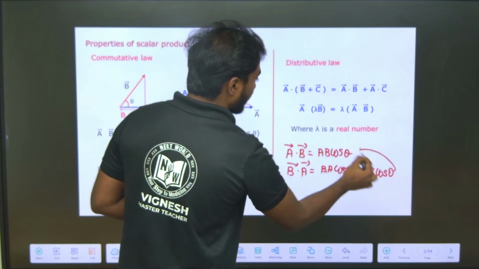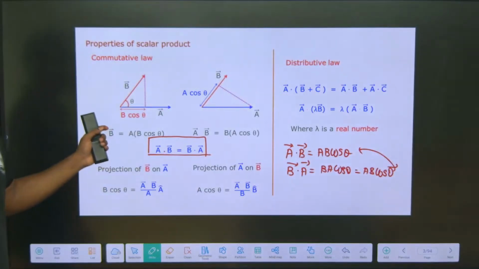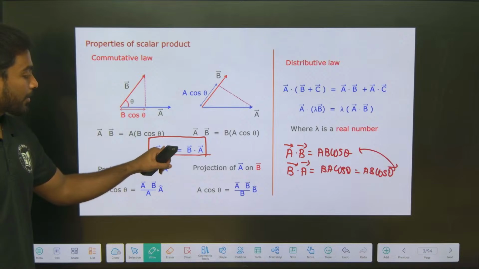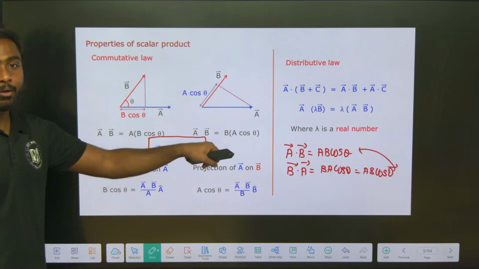So these two are equal. So the commutative property is applicable in the scalar product: a vector dot b vector equals b vector dot a vector.